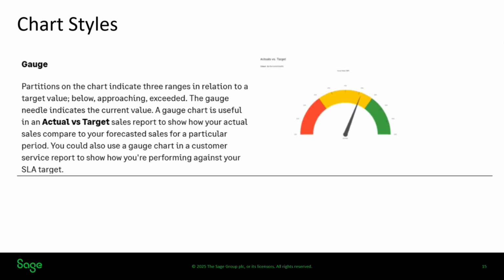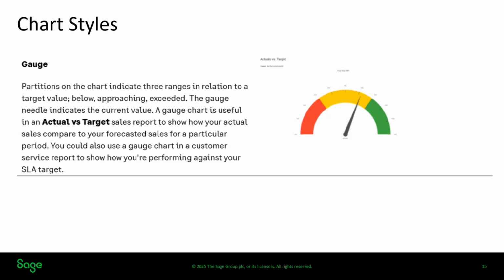The gauge is very useful when you're working with data that is mapped against target versus actual. So you're needing to have comparison to allow you to have that sense of how complete you are towards your end goal.